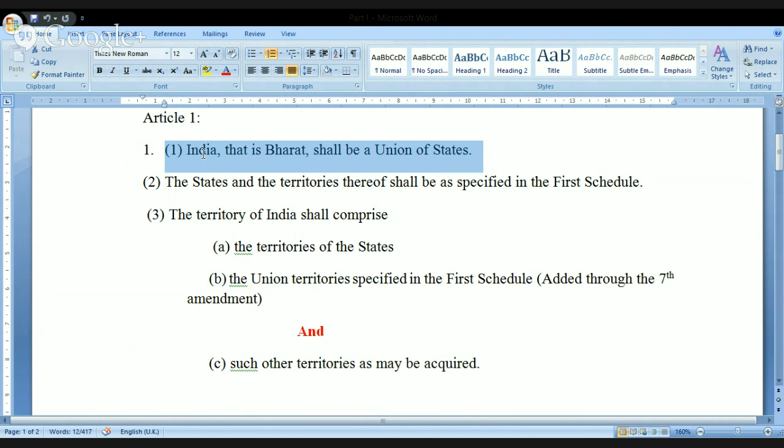Article 1, Clause 1 says that India, that is Bharat, shall be a union of states. What do you mean by this? When I am talking about union of states, what is the meaning? Let's see it.